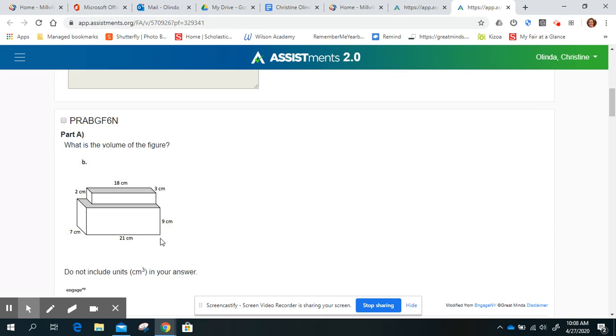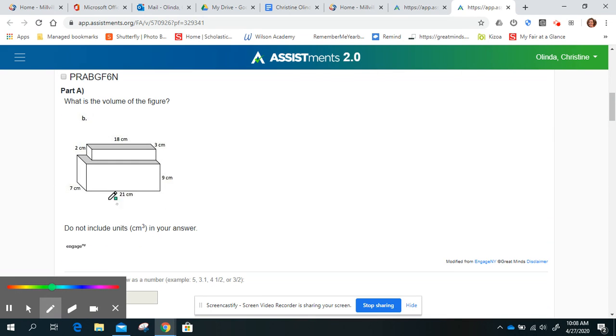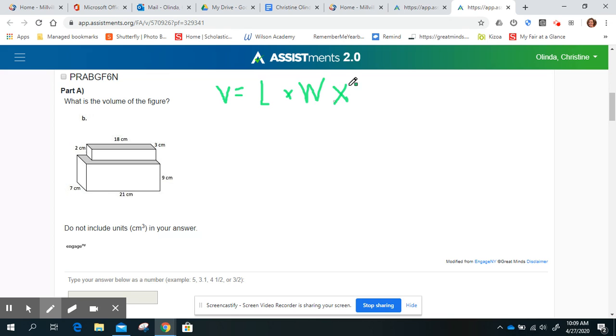All right, part B, what is the volume of the figure? Again, this is a little trickier, so I need to do volume equals length times width times height. So we start here, the length was 18.